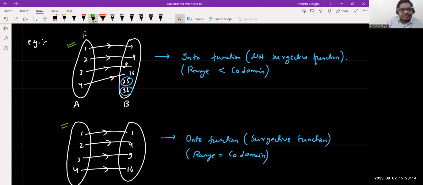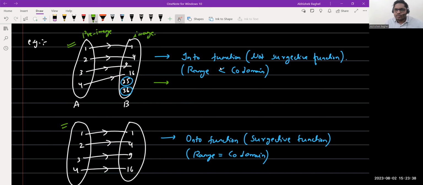This is called the pre-image and this is called the image. So no two elements are getting the same image. Every element of set A gets related with exactly one element, and all the elements of set B are distinct. Such functions are called one-one functions.